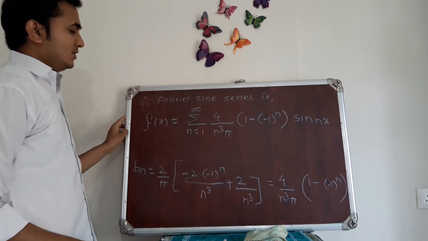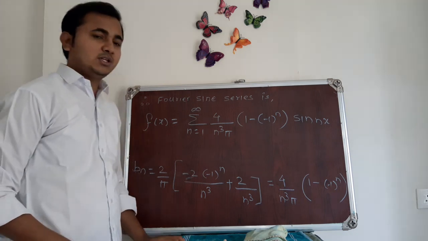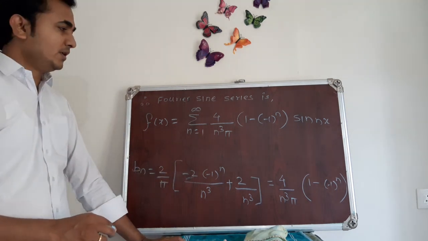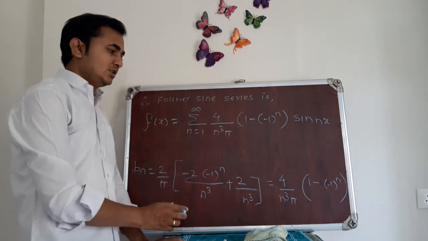Okay, fine. So with this the topic of half range Fourier sine and cosine series ends.